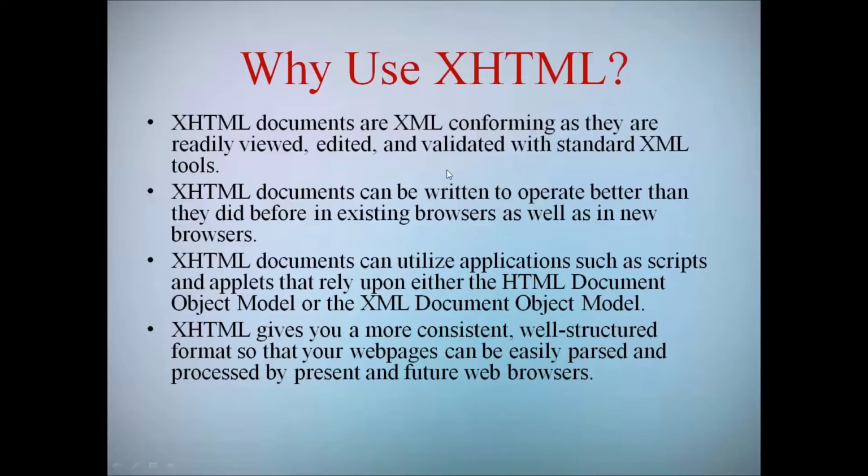XHTML documents can be written to operate better than they did before in existing browsers as well as in new browsers. So, XHTML documents can utilize applications such as scripts and applets that rely upon either the HTML document object model or the XML document object model.